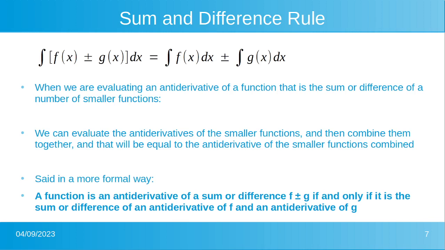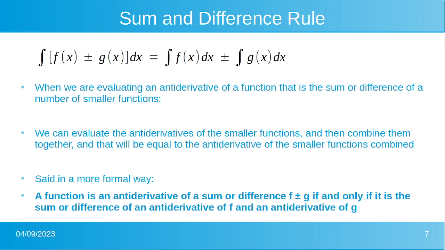To think about this rule and to understand it, when we're evaluating an antiderivative of a function that's the sum or the difference of a number of smaller functions like here, we can evaluate the antiderivatives of the smaller functions and then combine them together, and that'll be equal to the antiderivative of the smaller functions combined.